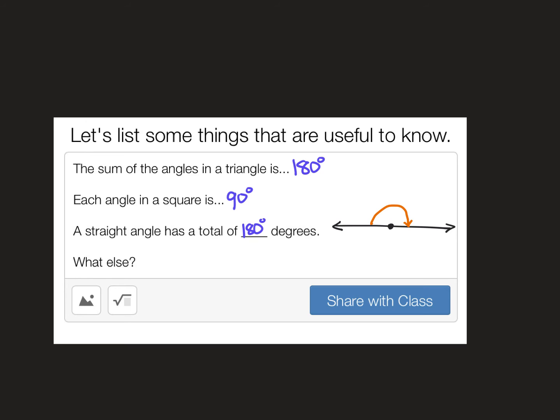And the reason that you might want to know about that is, imagine if you had an angle like this, and I told you, hey everybody, this angle right here is 110 degrees, and I asked you, what's that angle? You'd say, oh, well, I know that. It's just going to be 180 minus 110, which is 70 degrees. And so I could know that this right here would have to be 70 degrees.